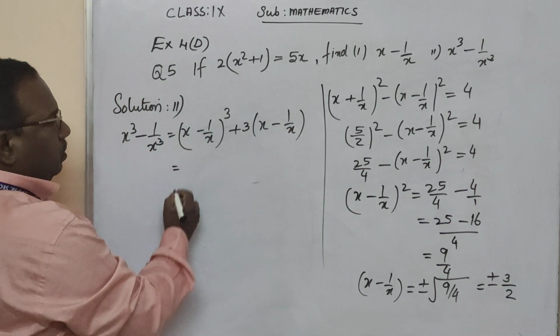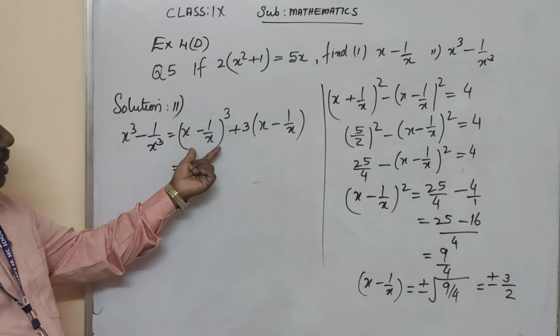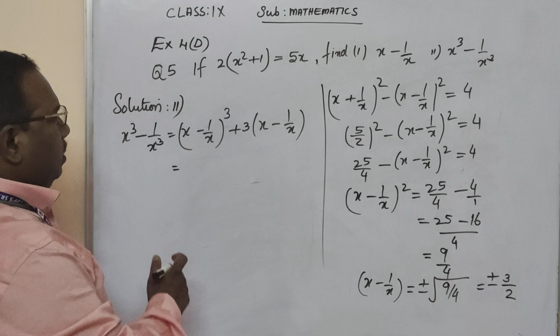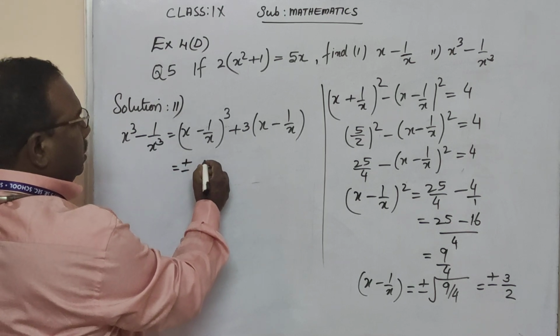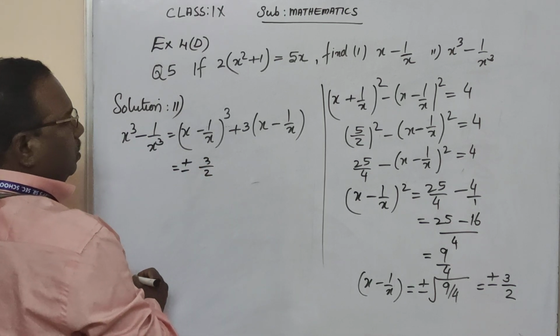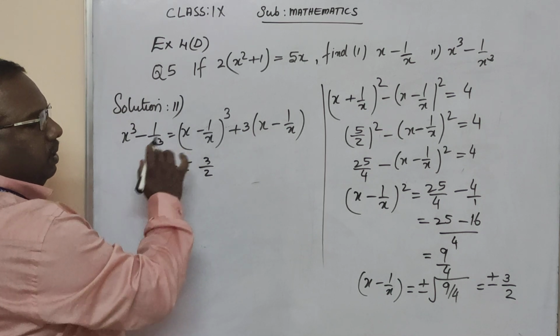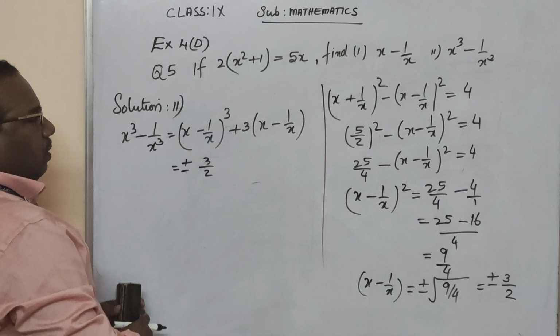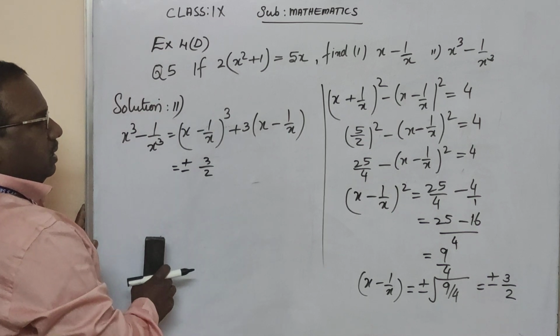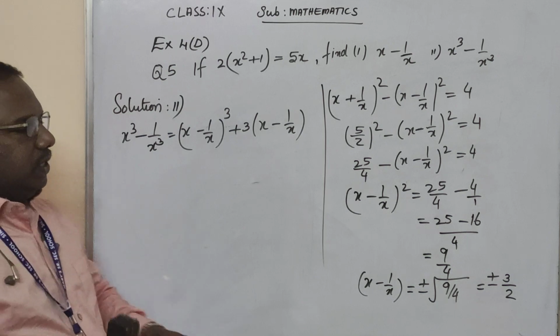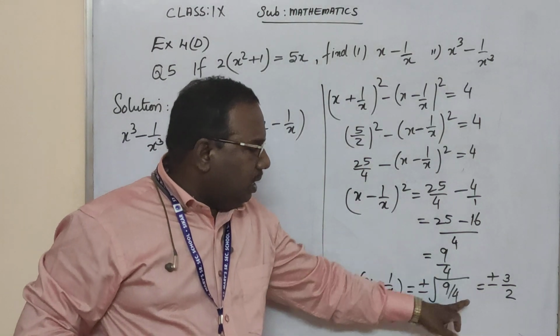This is equal to, the value we have now, plus or minus 3 by 2, I am writing plus or minus 3 by 2 all cube.